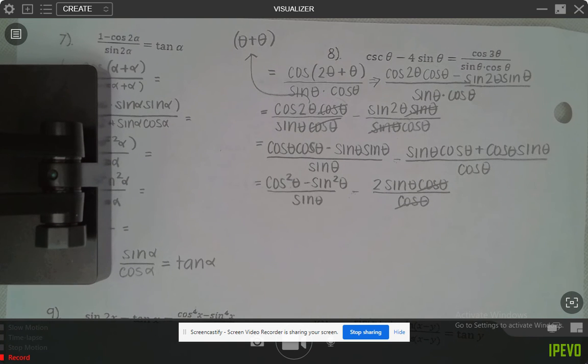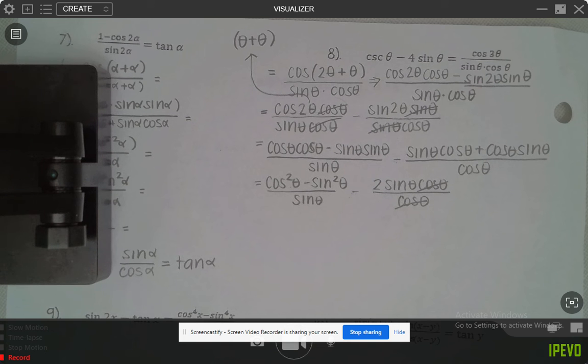Now, here's where you have to really focus on what am I trying to get to. I'm trying to get to cosecant minus 4 sine. Yes? Cosecant is the reciprocal of what function? Sine. So I want just sines. What do I still have? Cosine. How can I change that cosine and make it a sine? What do you mean take out a 1? Don't make it a 1.